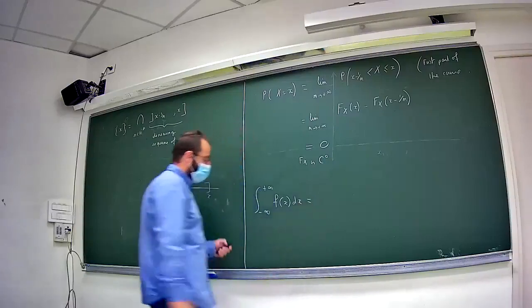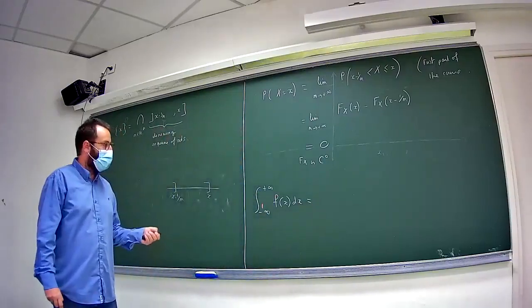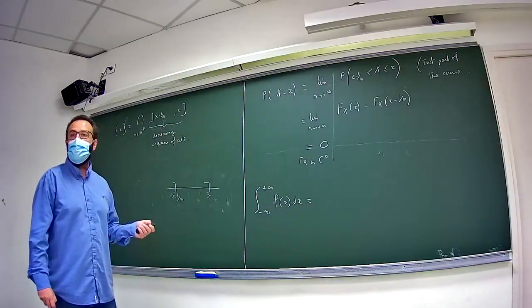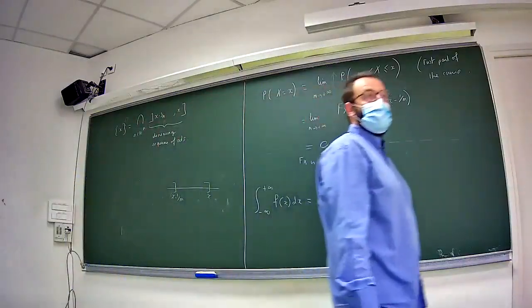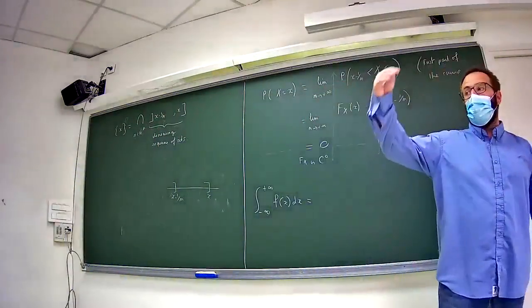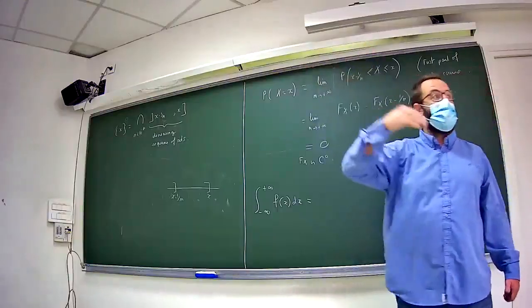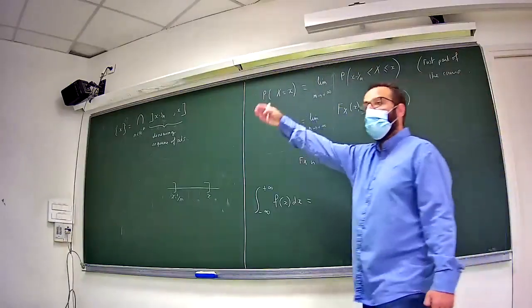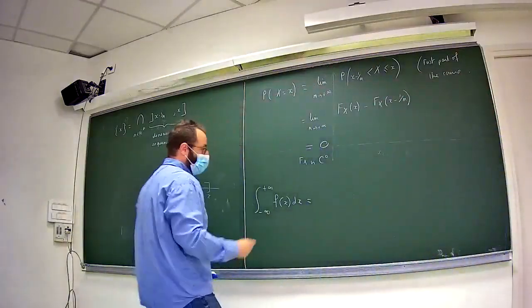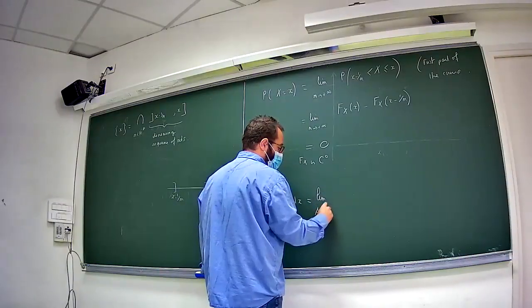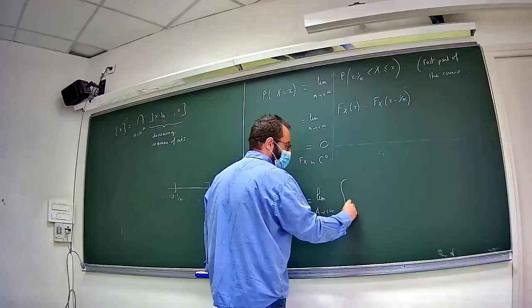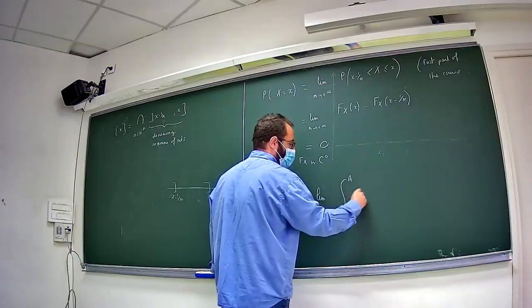What is an integral with infinite bounds? Well, it's just the limit of an integral with finite bounds, as an infinite sum is just the limit of the partial sums. So by this one, I mean, for example, the limit when capital A goes to plus infinity of this one.